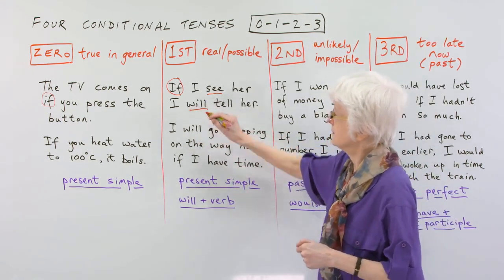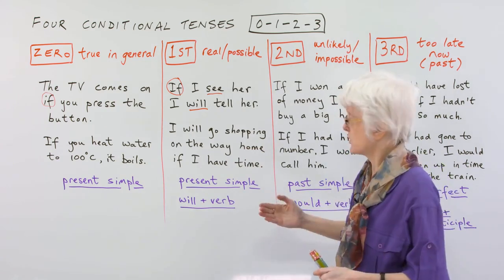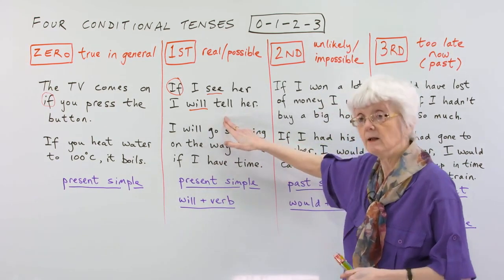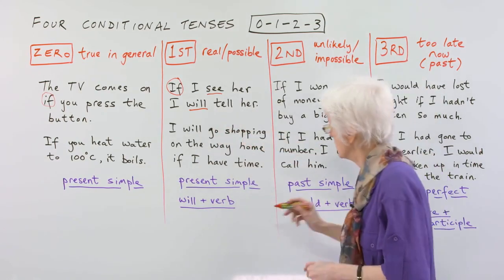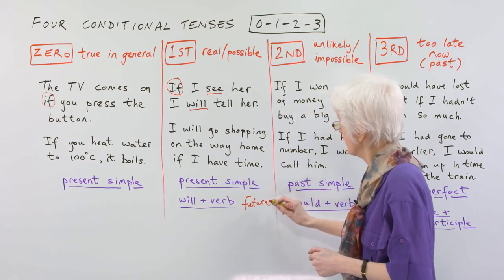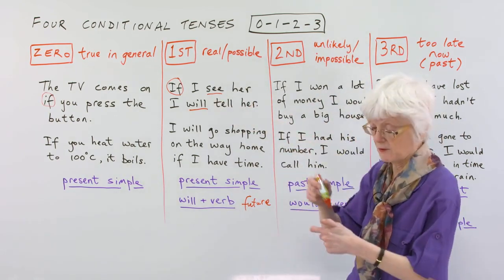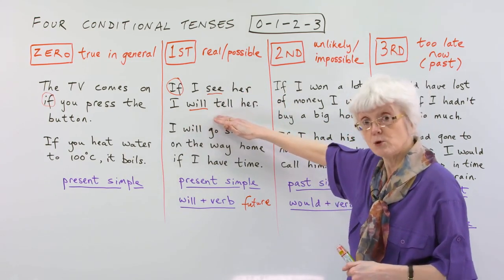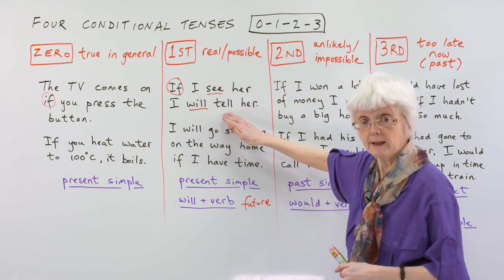So then will, you're using the future there. So will plus the verb, I will tell her, that's the future. Okay, so it's present simple for the if clause and future for the main clause.